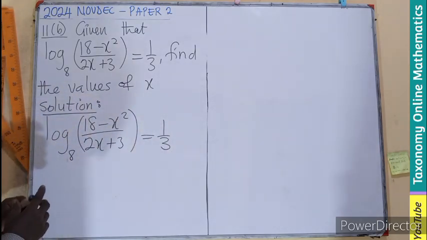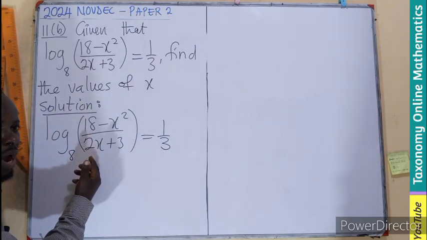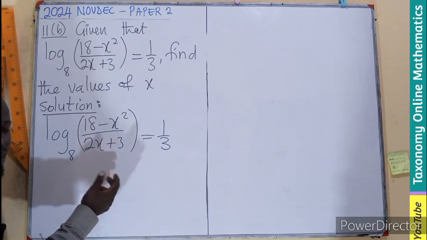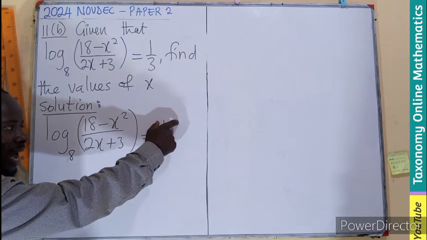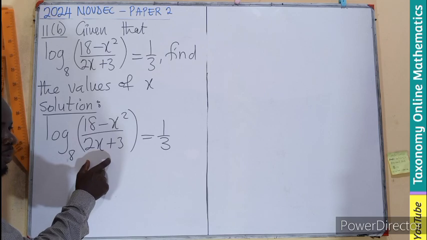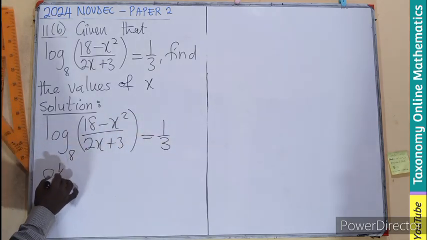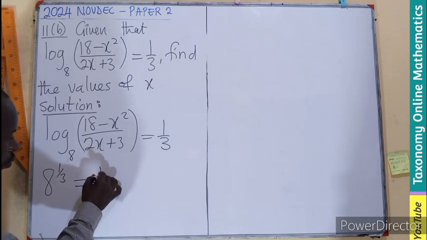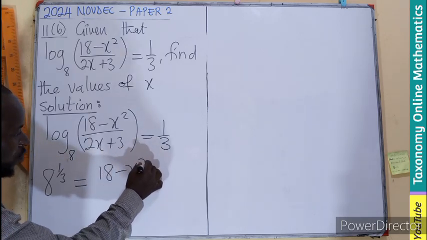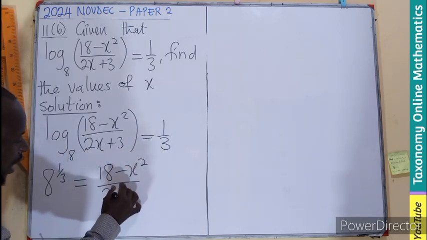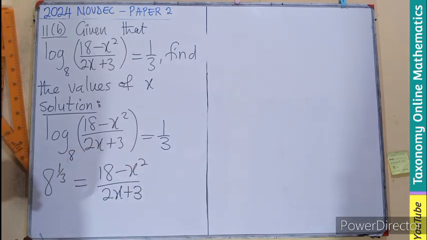1/3. We can also transform this logarithm into indices form, meaning the base take up the number equals to the argument. Take up as in the power, meaning 8 to the power 1/3 is equal to (18 minus x squared) divided by (2x plus 3).